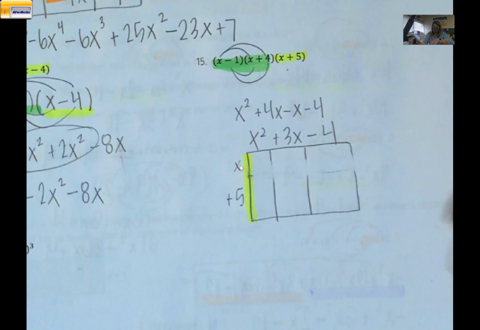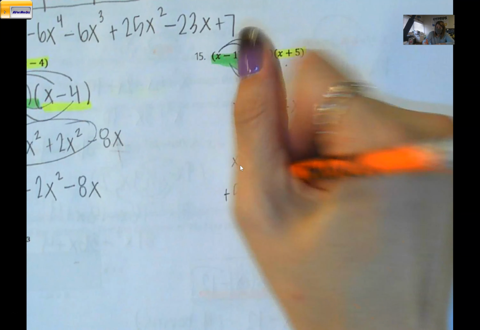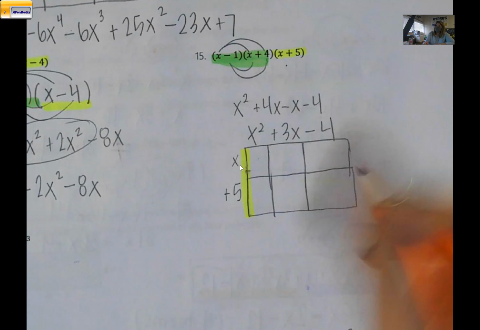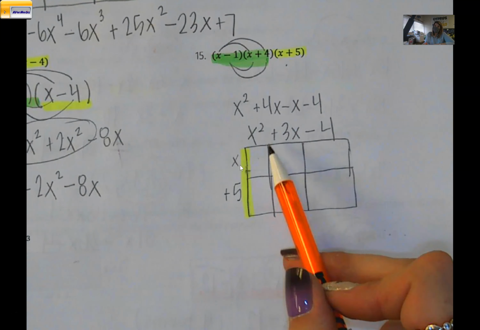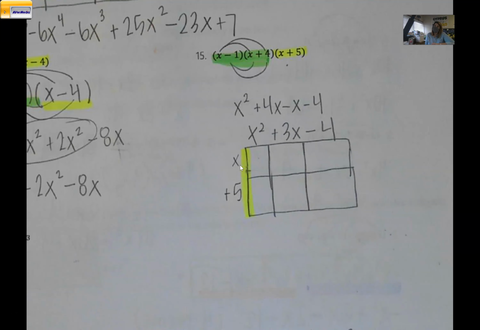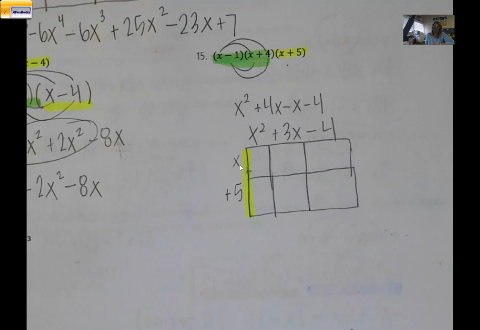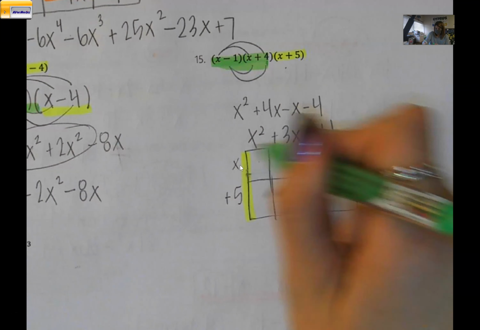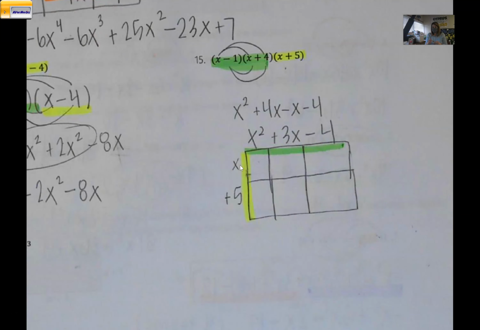You can double distribute that in if you want to, if you prefer that method. But I literally just draw the box underneath the trinomial and bring it down. Maybe I should pick names for this one.